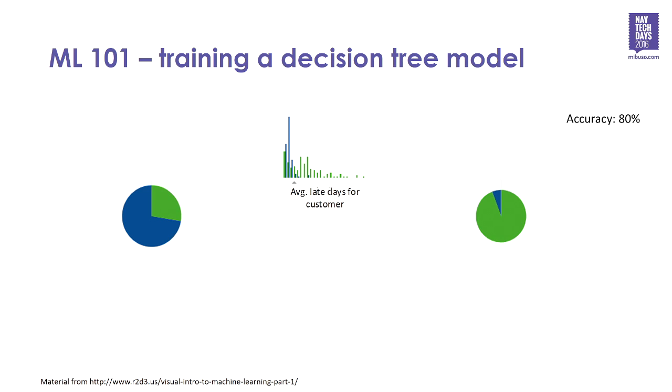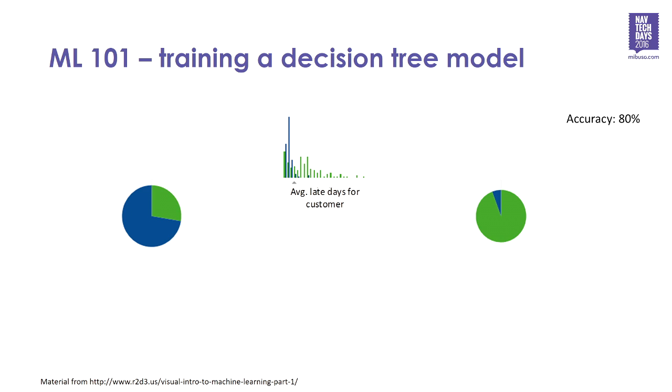Seems reasonable, right? So the first step in this decision tree could be that if the average late days are, I don't know, less than 1, let's predict that the customer doesn't pay late. And if the average late days are greater than 1, let's predict that the customer pays late.